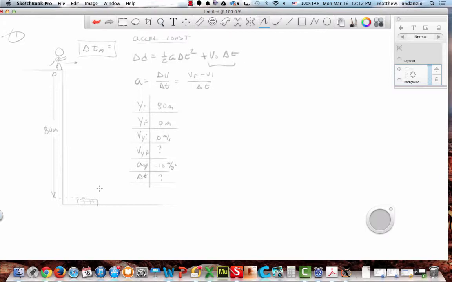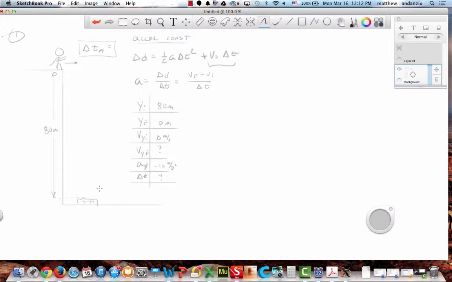These equations govern constant acceleration. They're all about the same motion. This equation, delta D, and equation A equals delta V over delta T, those equations are all about constant acceleration, the same motion. However, they relate different parts of that motion.